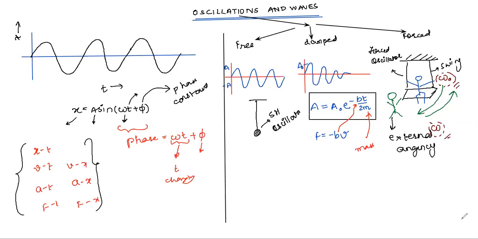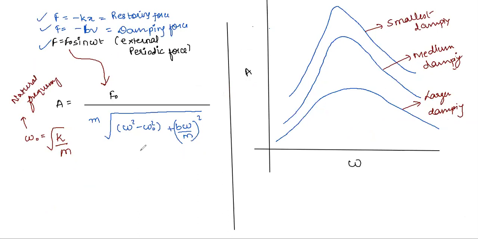Suppose by any chance omega and omega naught are very close to each other, that is, the frequency of the external source and the natural frequency. Omega is the external frequency.